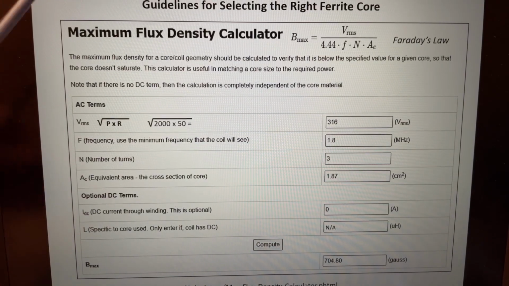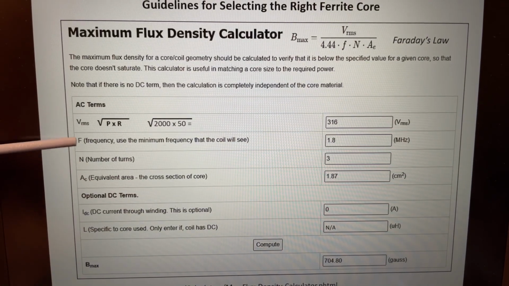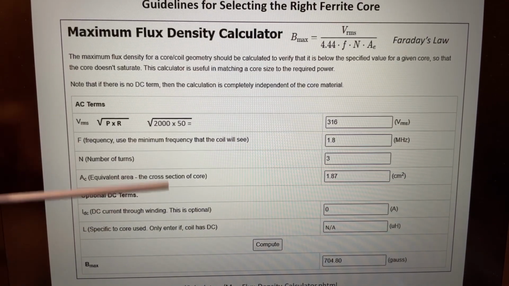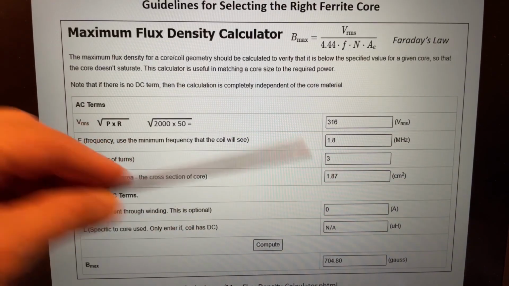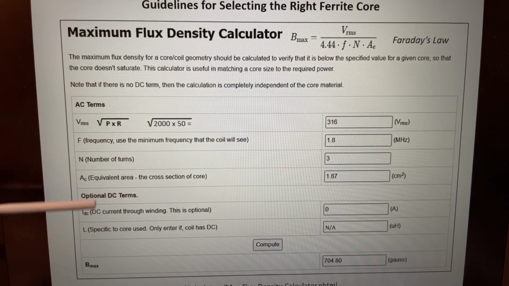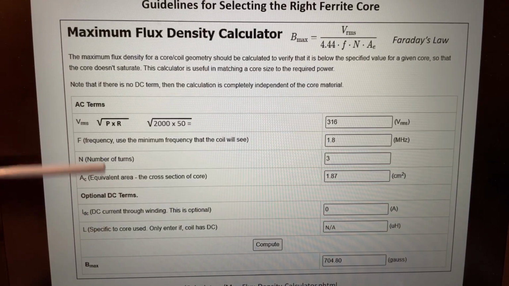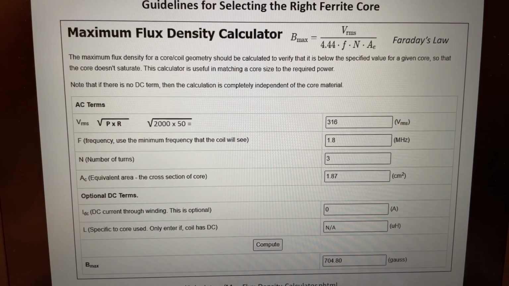And the variables that we need are the RMS voltage, the frequency, the number of turns. Here's where the cross-sectional area comes in, in square centimeters. So we said 1.87 based on our calculation. And this is if we had any DC current, which in this case we don't. So it simplifies the calculation.